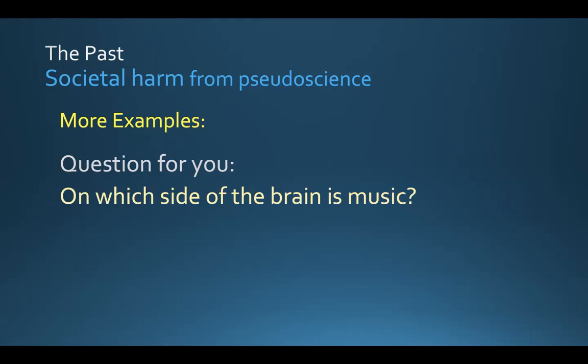Who believes it does? Nobody, which is correct. What about the right side of the brain? Does it have the music center? Yes, I see two-thirds of the people raised their arm. Very interesting. So everybody today in 2020 believes that music is on the right side of the brain.